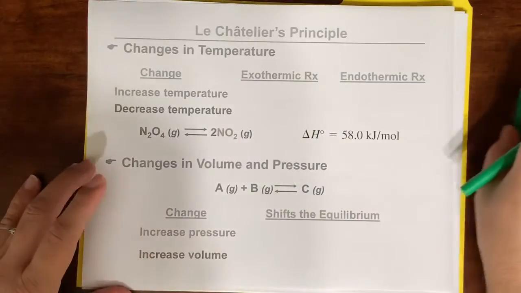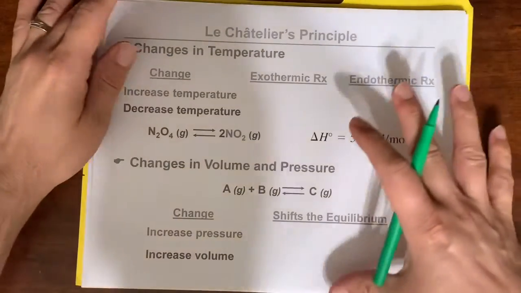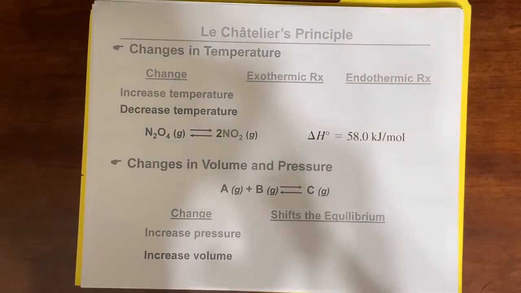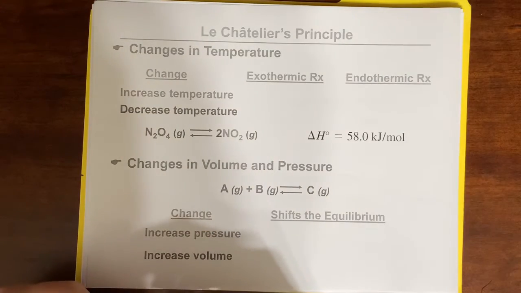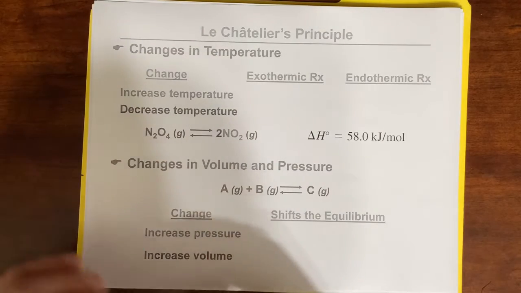Now, what will happen if we change temperature, volume, or pressure? First thing that you need to ask yourself is whether that reaction is exothermic or endothermic. You need to determine that, because the story is going to be different.